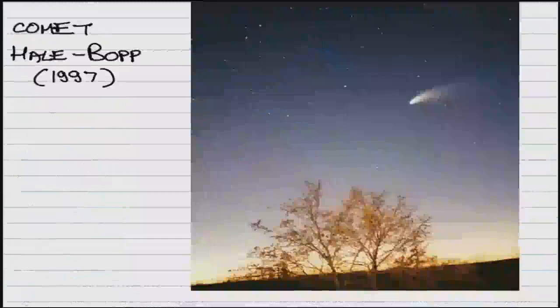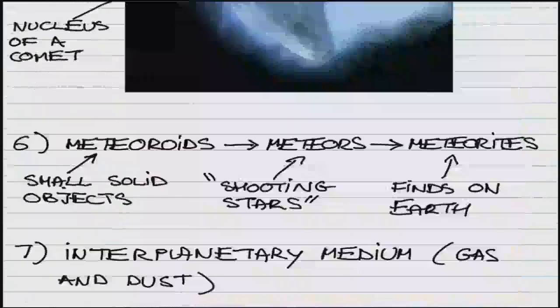Then we have objects that are much smaller than the asteroids, so-called meteoroids that orbit around the sun. These are chunks of either silicate rock, or some of them are made out of metals, iron in particular, and a very small number of them are made out of carbon-based compounds.